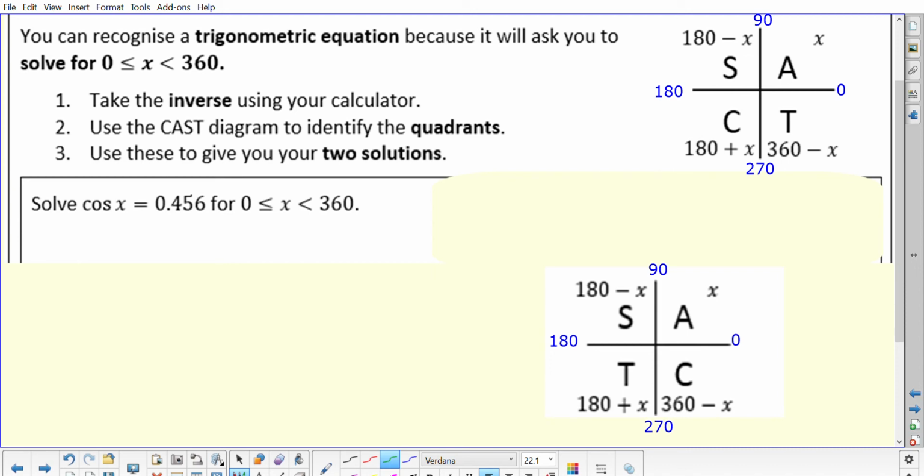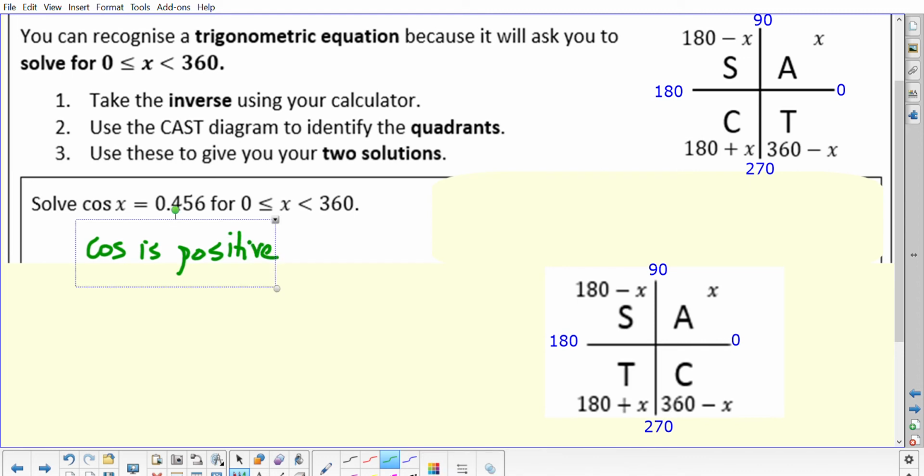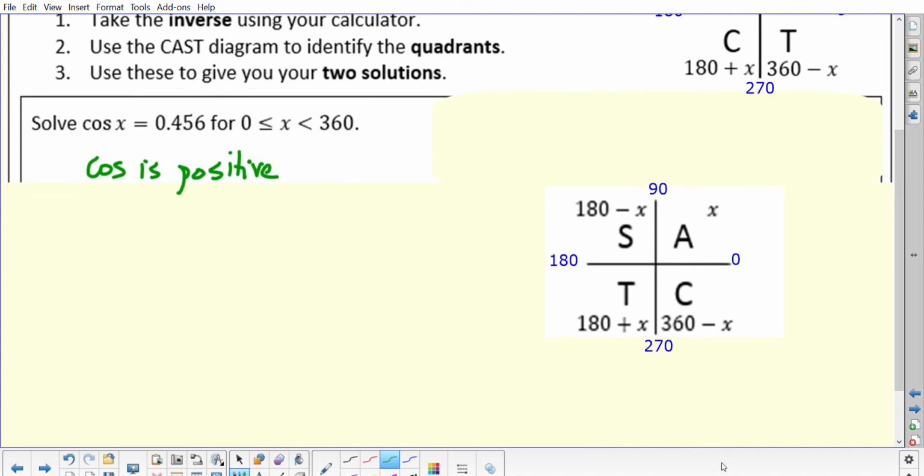So for this one here, we're trying to solve cos x equals this value. So what do we know? We know the cos is positive. So what I'd be looking for you to do is sketch your little CAST diagram, and from that we can see if we tick, so we've got cos is positive.